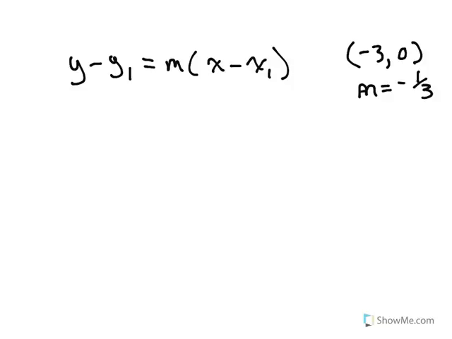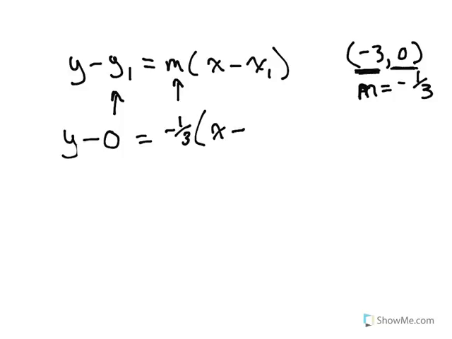So we are going to replace y1 with 0, and replace m with negative 1/3, and replace x1 with negative 3. Again, minus a negative becomes positive.